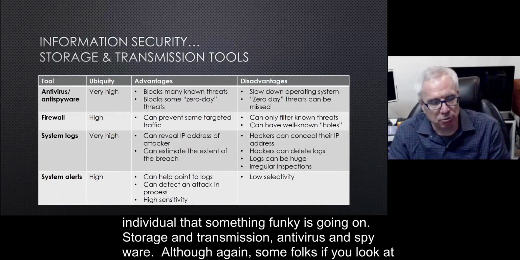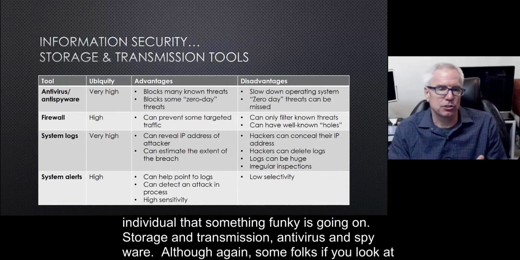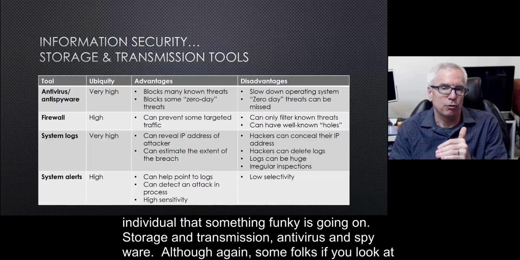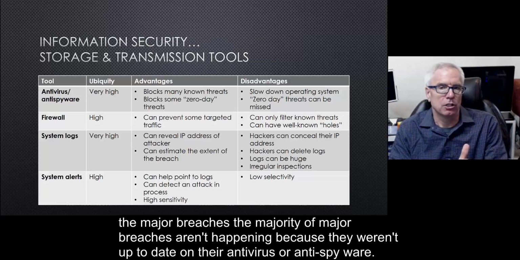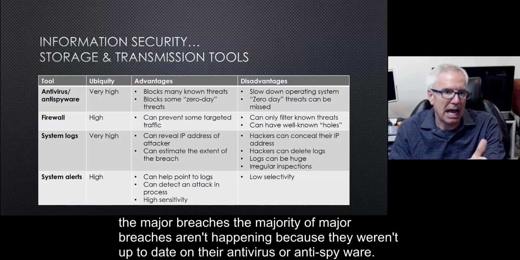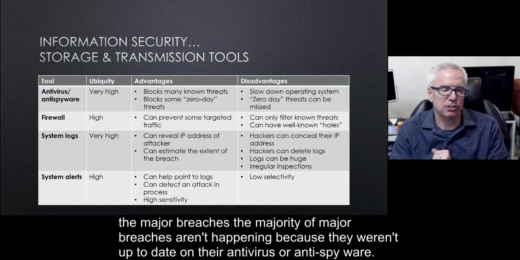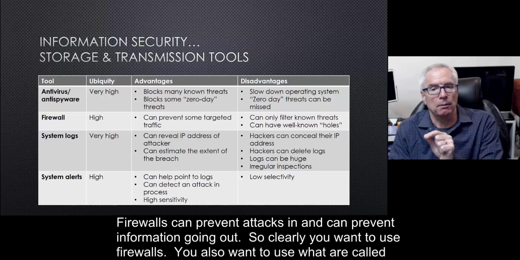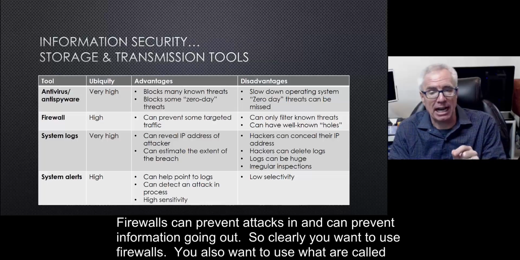Storage and transmission. Antivirus and spyware, although again, if you look at the major breaches, the majority of major breaches aren't happening because they weren't up to date on their antivirus or anti-spyware. Firewalls can prevent attacks in and can prevent information going out.